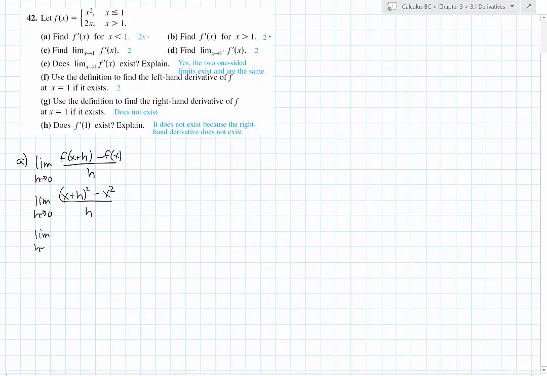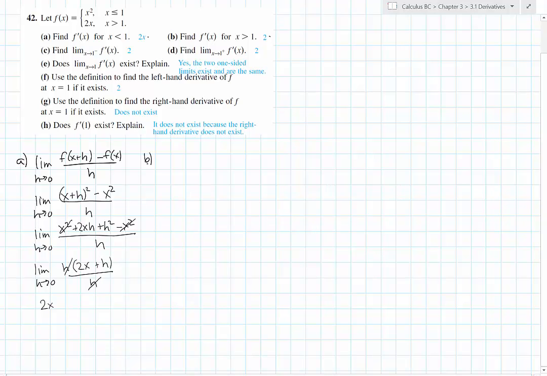The limit as h approaches 0 of x squared plus 2xh plus h squared minus x squared all over h. These x squareds cancel. There is a common h in the numerator, which I can factor out. These h's cancel. When I apply the limit, I get 2x.